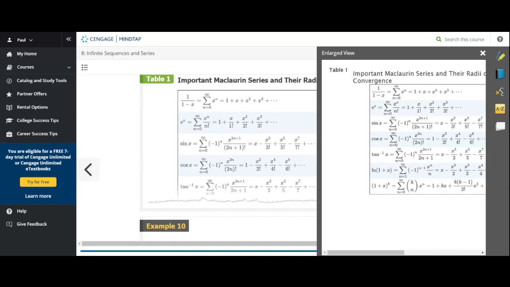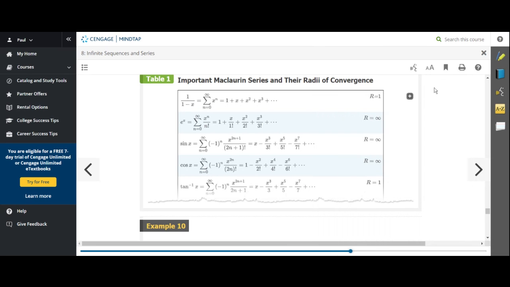But you see, you can take many functions that are differentiable, that have derivatives, and express them as power series. And notice, this is table 1 from section 8.7. You're going to be referring to this table sometimes for some of your homework problems in WebAssign.